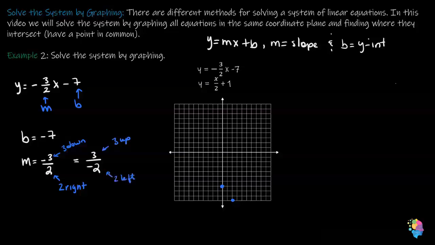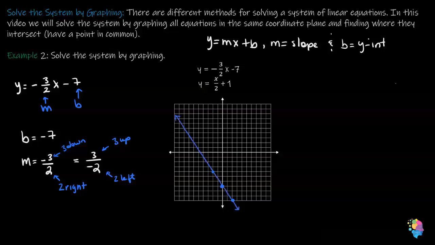So from the y-intercept, again, I go 3 up and 2 to the left. And that's where we plot our other point. Regardless of which one you use, the negative 3 over 2 or the 3 over negative 2, when we connect the points, they will all line up in the same line. So let's graph the line.